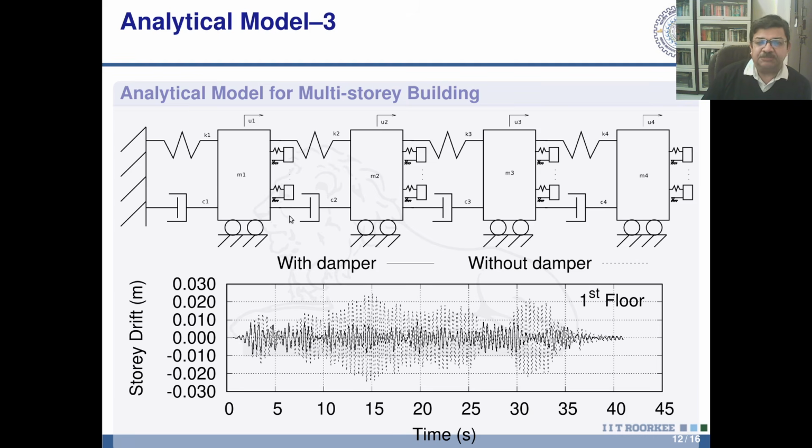So for the same 7.7% mass ratio, and for 0.9 tuning ratio, this is the response reduction that you can see, substantial response reduction in the story drift at the first floor, when you have the damper and when the damper is not there.